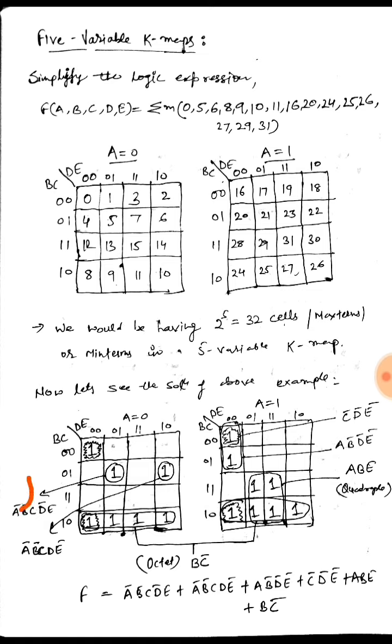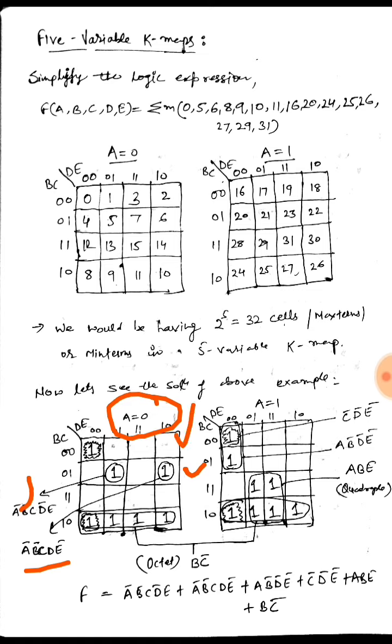For this one I have A bar, B bar, C, D bar, E, and for this one I have A bar, B bar, C, D, E bar. As A is 0, so A bar, and in this case B is 0, C is 1, D is 1, and E is 0.